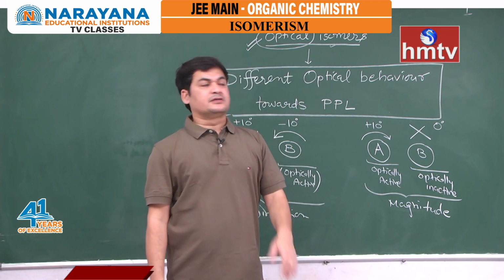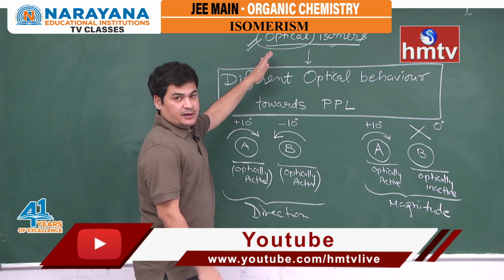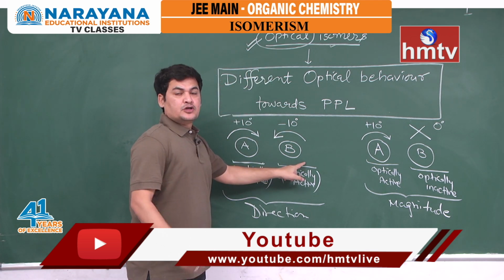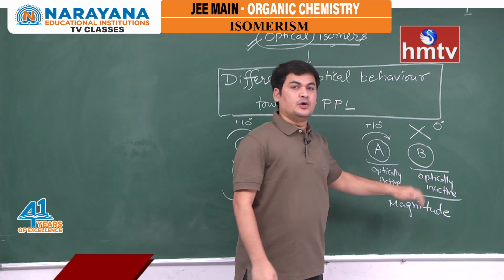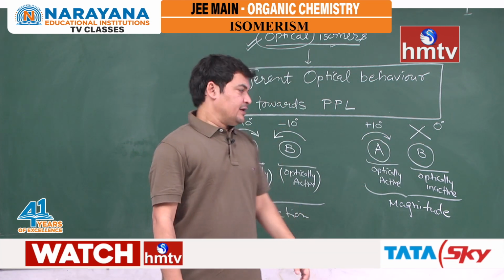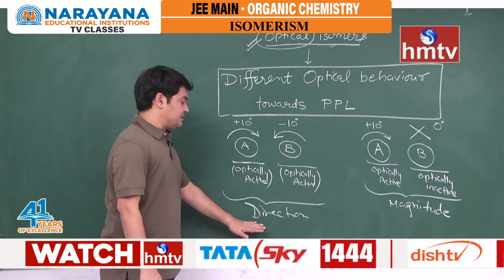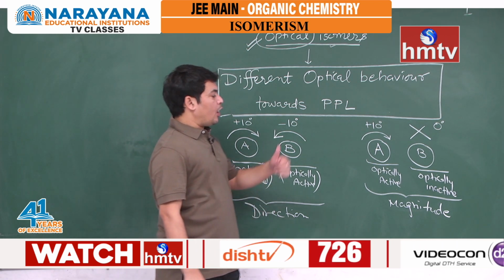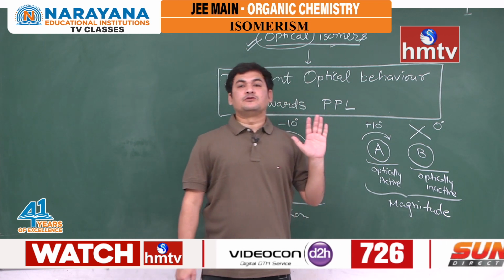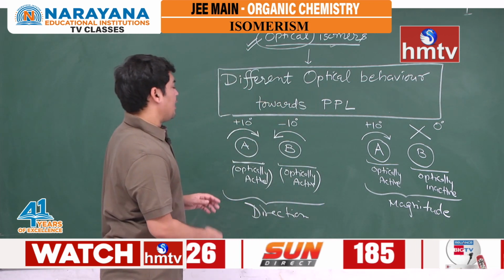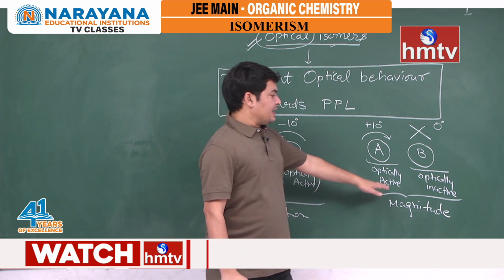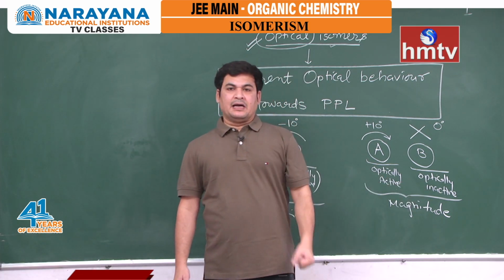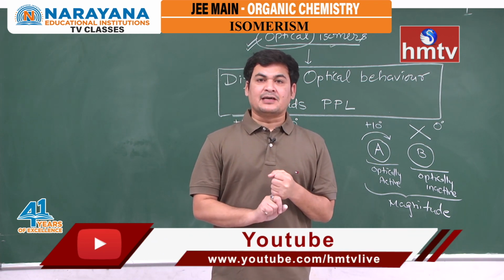So the meaning is: optical isomers are two stereoisomers that show different optical behavior, either in terms of direction or in terms of magnitude, right? Now, generally we think that optically inactive compounds don't show optical isomerism. That is a wrong perception.